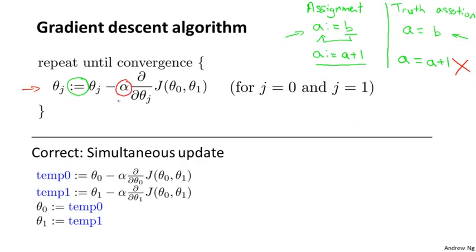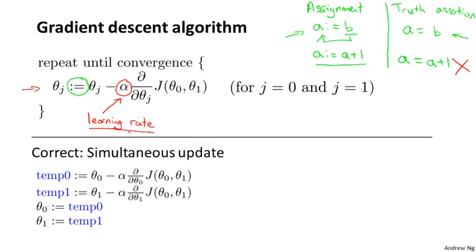This alpha here is a number that is called the learning rate. What alpha does is it basically controls how big a step we take downhill with gradient descent. So if alpha is very large, then that corresponds to a very aggressive gradient descent procedure where we're trying to take huge steps downhill. And if alpha is very small, then we're taking little baby steps downhill.